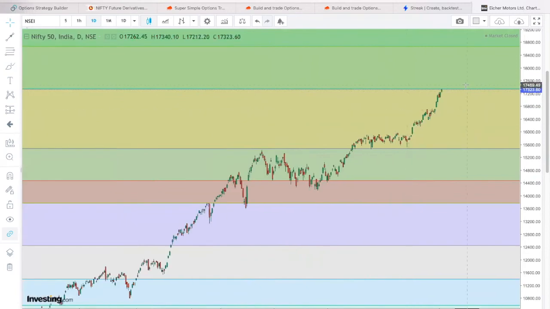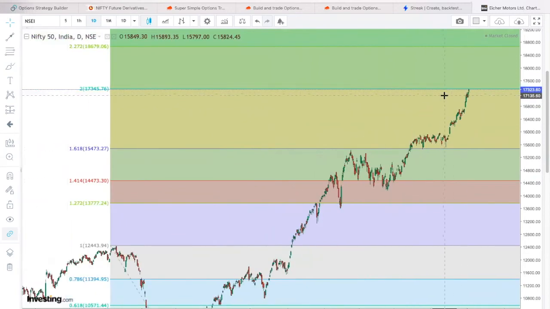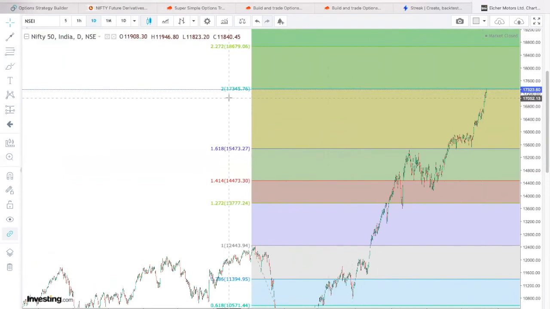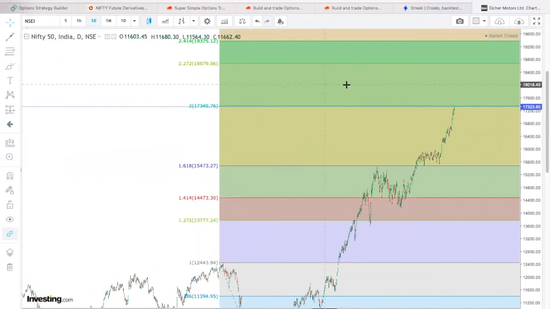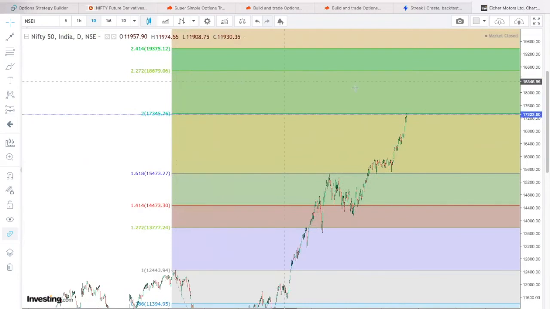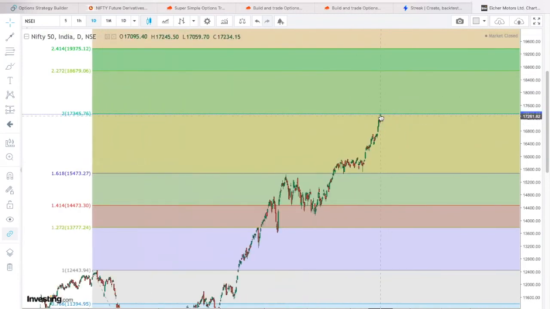Now we are touching this golden ratio, and definitely next week we may see a crash also. We may see a crash in the market. We never know, because if this golden ratio is hit, definitely we may fall at least up to this level. We may see some crash, and again we may go up like a rocket.